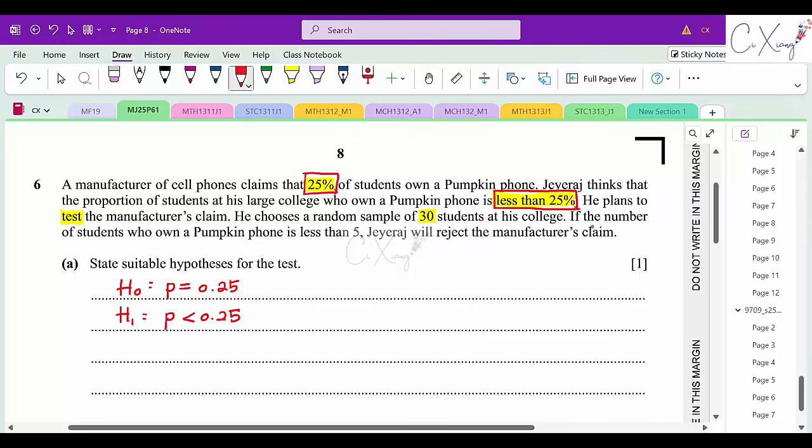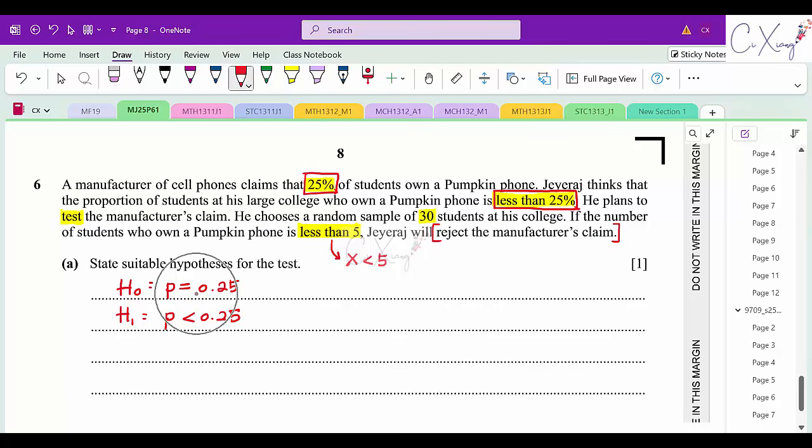They say if the number of students who own a pumpkin phone is less than 5, this sentence tells us that if X is less than 5, then Jayraj will reject the manufacturer's claim. When they say reject the manufacturer's claim, it means that they reject the null hypothesis. So X smaller than 5, we will reject the null hypothesis.